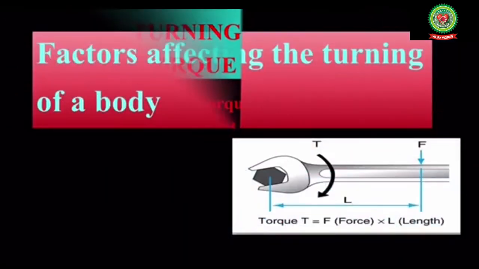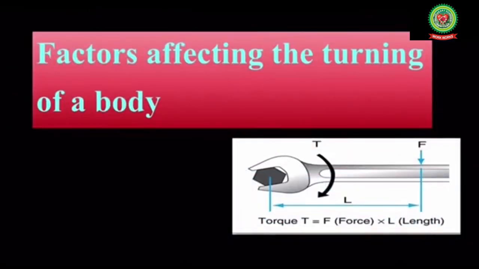Right? So next are the factors affecting the turning of the body. If we take the example of this spanner, to open this nut, this is the point where we are applying the force. So this is the line of action of force. And this is the point about which the body is rotating, so this is the axis of rotation. And this is the perpendicular distance of the line of action of force from the axis of rotation.